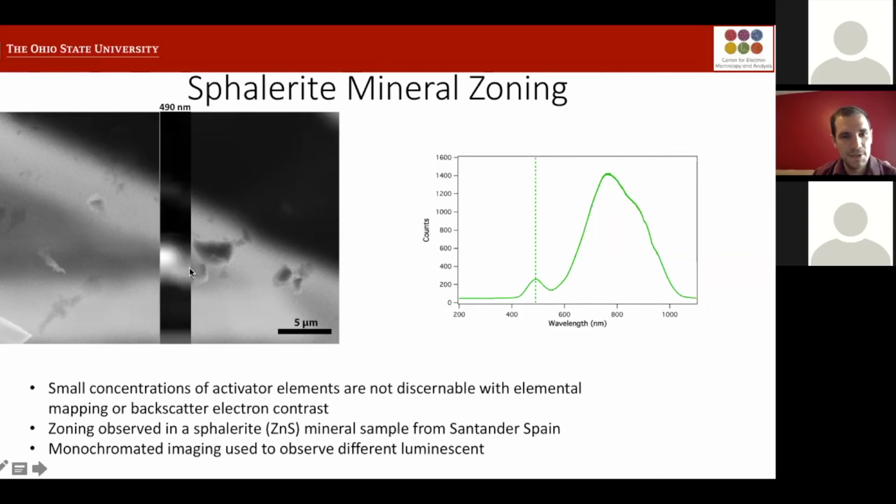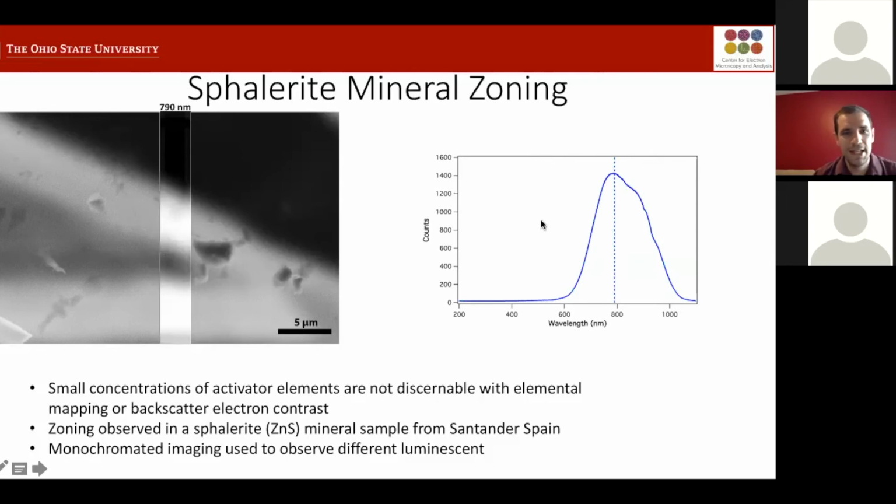You can see it's really bright in the center, but there's also other zones right near the outside of this that show up. So that gives you actually more information than I originally realized when I took the image. And then at the brightest peak here, it's going to correspond to at 790 nanometers. So it's really nice being able to understand that, gain some spectra from it that we can go back and characterize further.